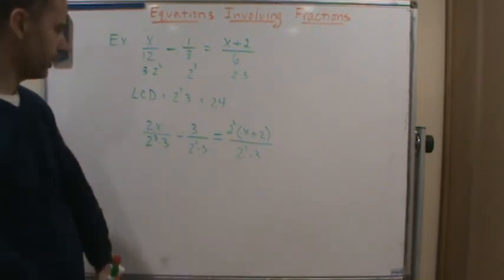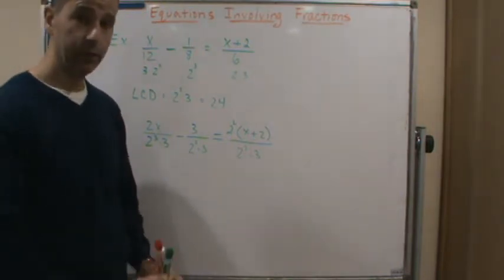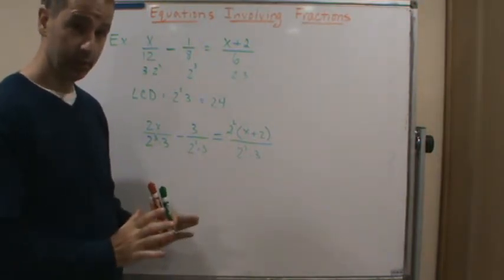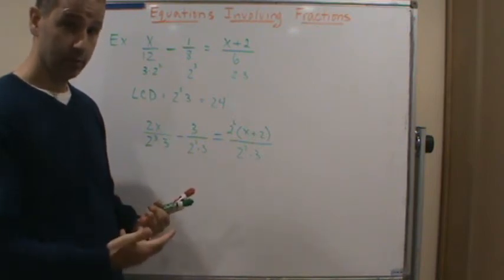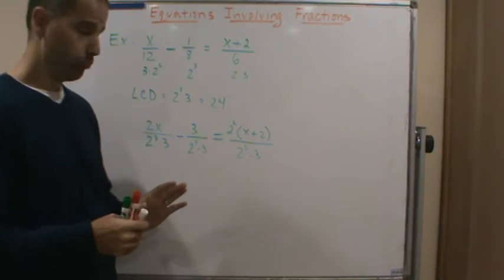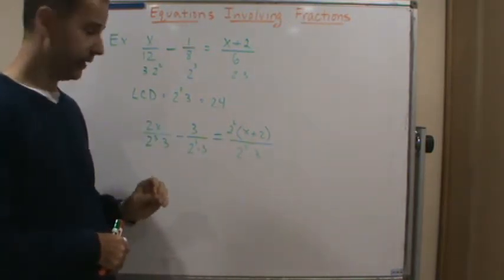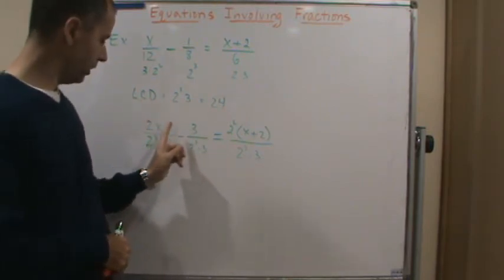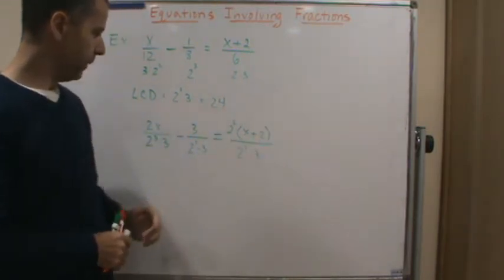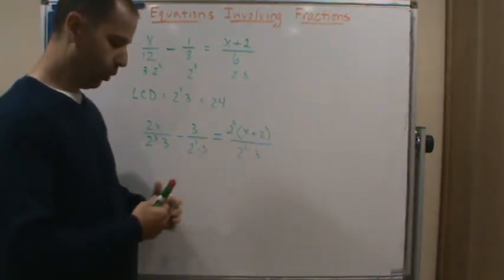Now, remember, whatever you do to one side of the equation, you do to the other side of the equation. So what would happen if I took this entire equation and multiplied by the LCD? Well, the LCDs would all go away.